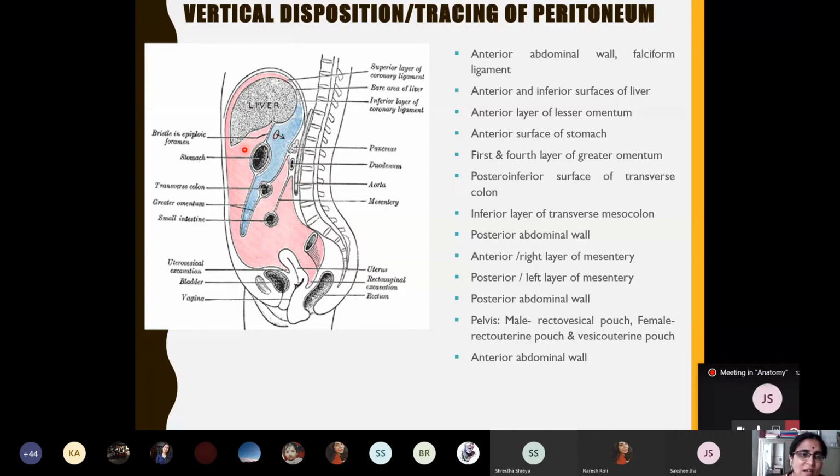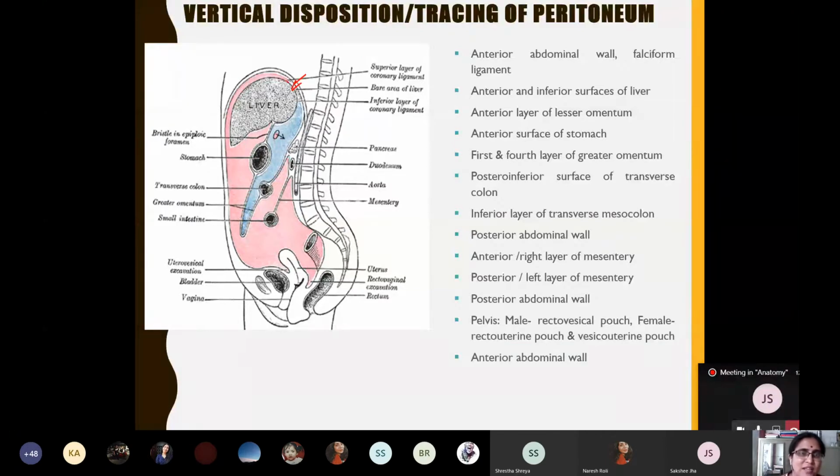Now here you see the parietal peritoneum lines the anterior wall of abdomen. Then on the inferior surface of the diaphragm, from there it is reflected towards the liver as a ligament known as, what is the name of this ligament? Falciform ligament.